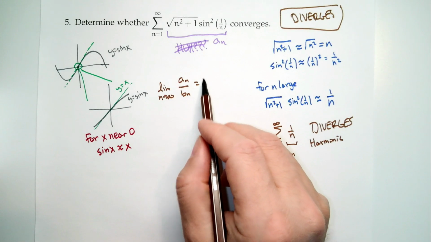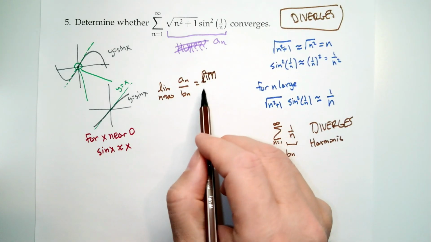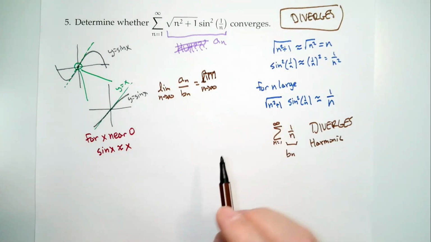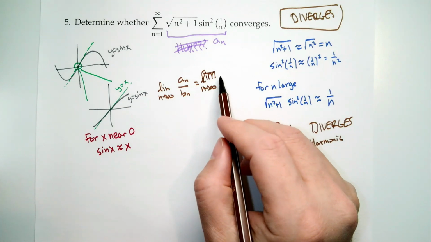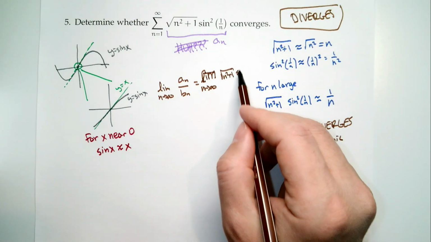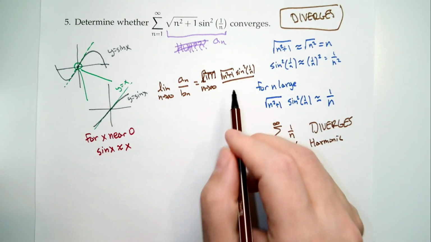So that's going to be the limit, yep, see, you can't even tell I made a mistake there. Ha, it's so natural. All right, square root of n squared plus 1 times sine squared of 1 over n, divided by 1 over n.